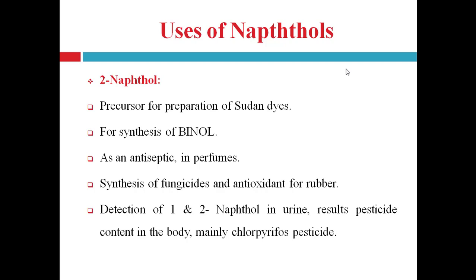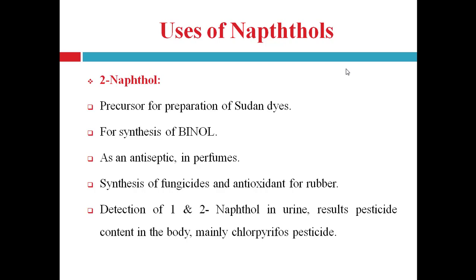2-naphthol is also used as an antiseptic, also used in the preparation of perfumes, and synthesis of fungicides and as an antioxidant for rubber. Detection of alpha and beta-naphthol in urine indicates pesticide content in the body, mainly the chlorpyrifos pesticide.